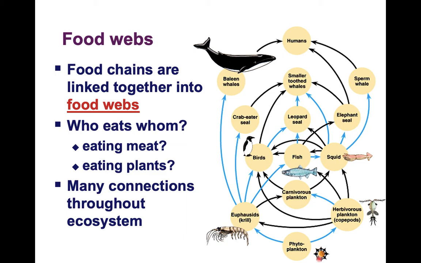So that phytoplankton in your food web is the producer, and then probably some krill or herbivorous plankton are the primary consumers, and then that carnivorous plankton can be a secondary consumer, or a fish can be a secondary consumer, and then probably in your food web, turtles can be tertiary consumers or perhaps secondary consumers. And then a shark or a whale could be a top consumer, whether it's tertiary or quaternary consumers.